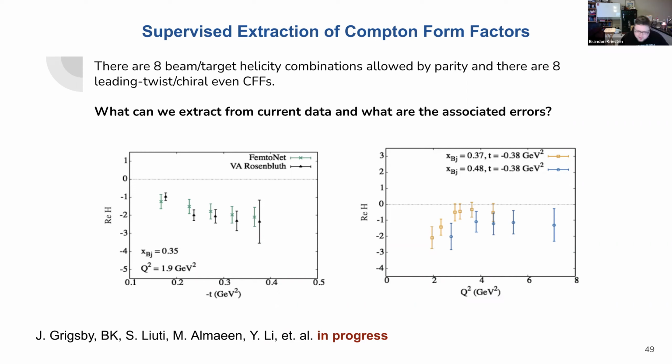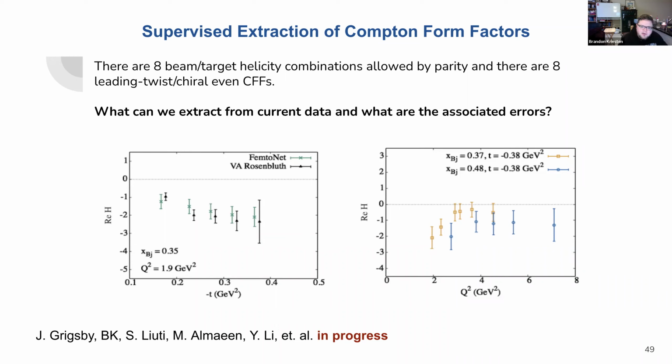So what does that mean? There's 8 unknowns and 8 equations. This should be a solvable system, right? Well, that's if all of these experiments overlap in the exact same kinematic regions and also have controllable error bars. And the likelihood of that happening with the amount of data that one would need is pretty slim.